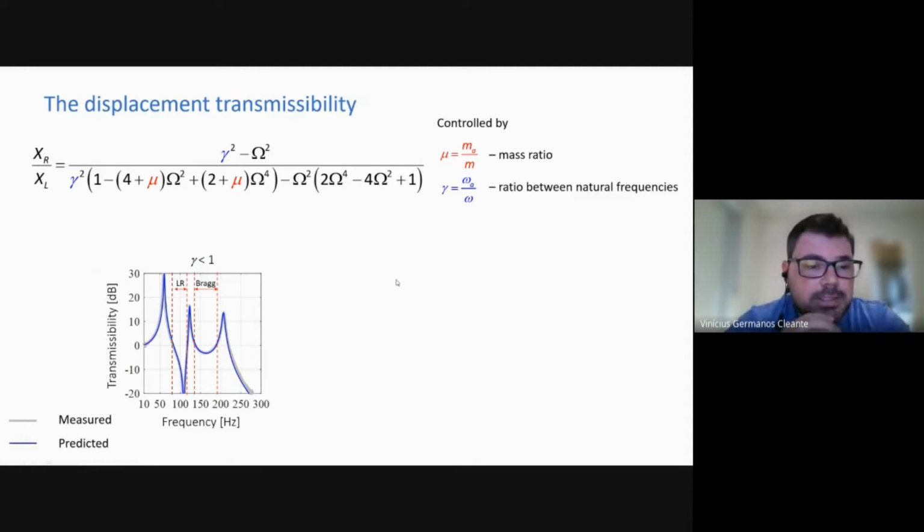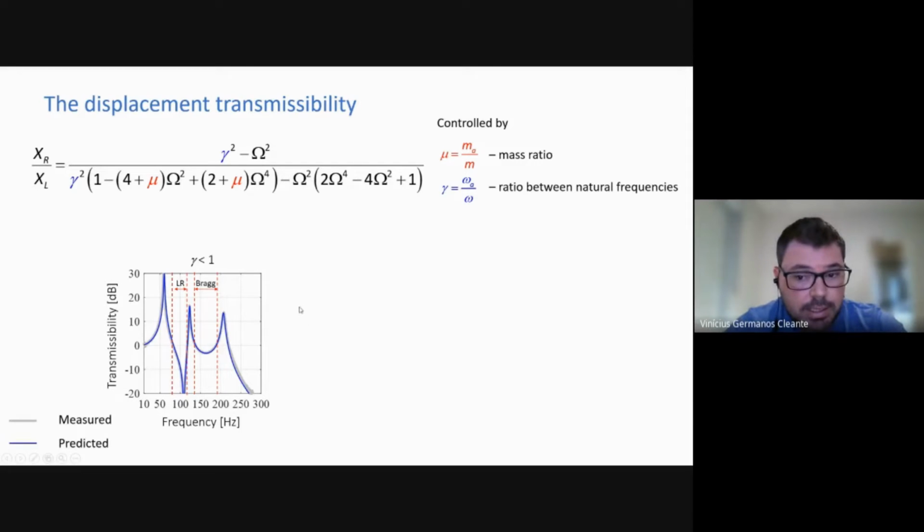So let's first consider that our structure has damping. Here is presented an expression for the displacement transmissibility. We can easily see that it is controlled by 2 fundamental parameters: the mass ratio, mu, and the tuning frequency, gamma, which is the ratio between the absorber and the host cell natural frequency.